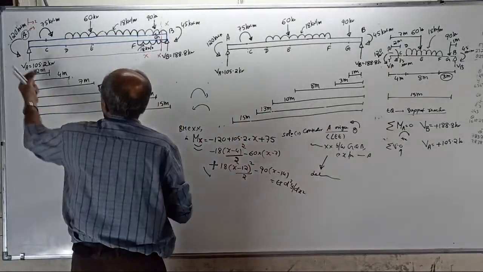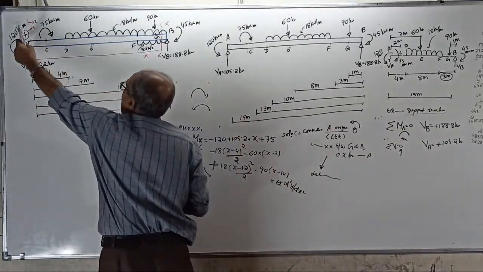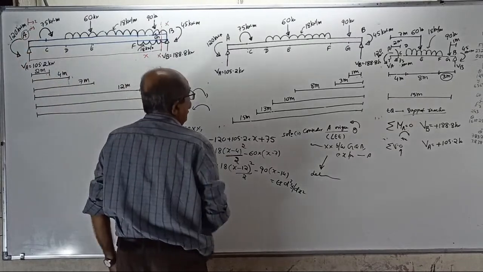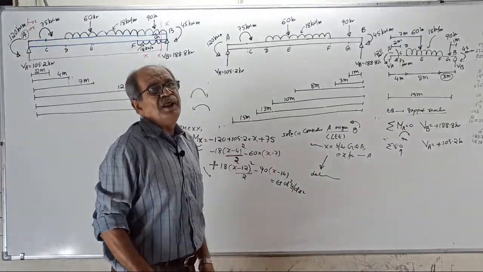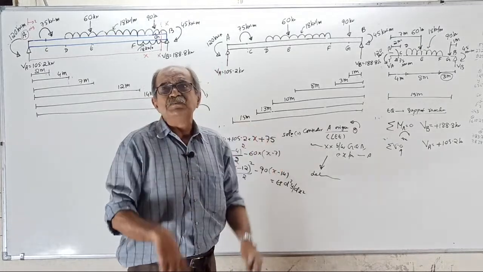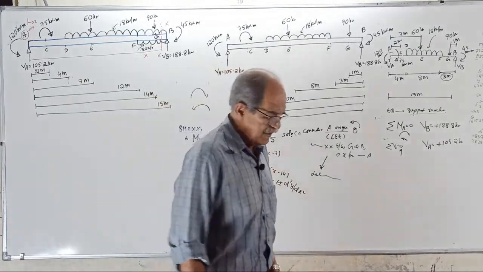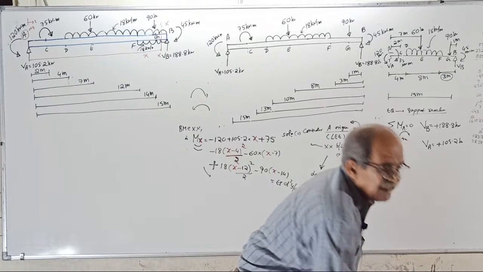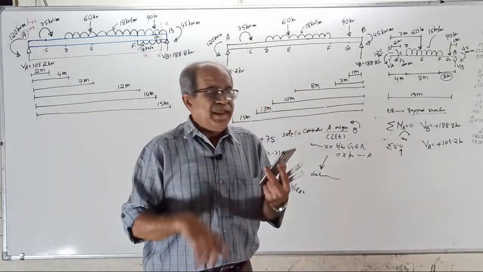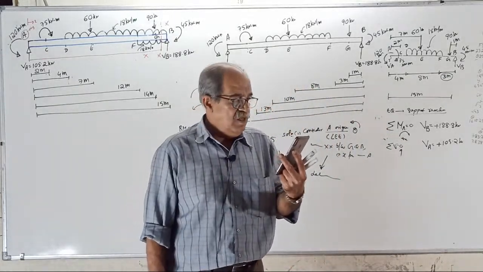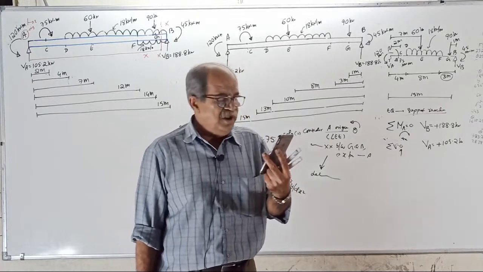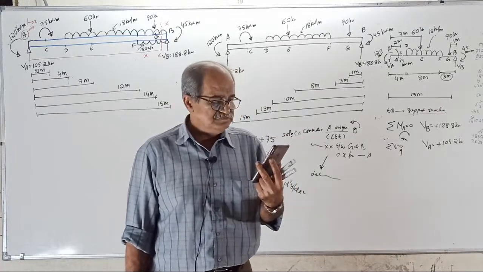Wherever you come here, the end couple and reaction or anything at the origin will always come. There is no bracket for that one. Yes or no? Anything at the origin, there is no bracket. Clear or not?